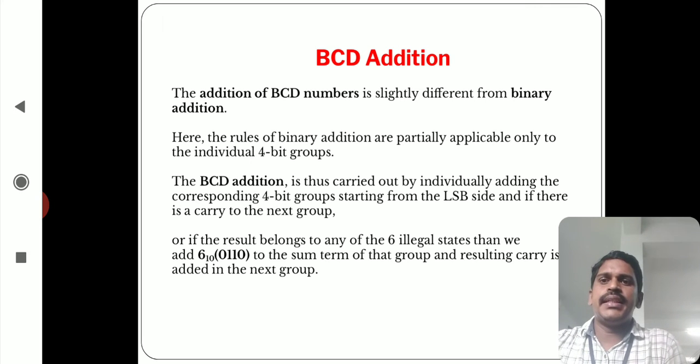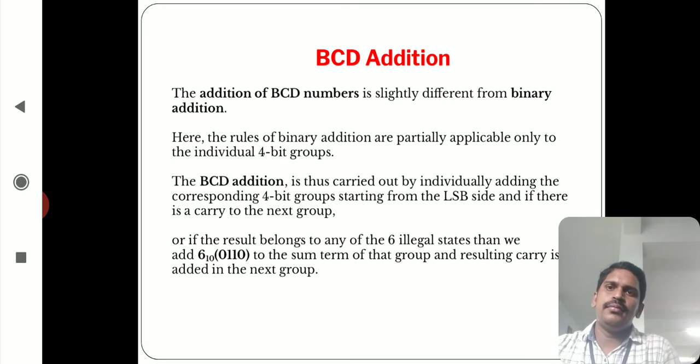BCD addition is carried out by adding the corresponding 4-bit groups starting from the LSB side, and if there is a carry, it goes to the next group. Instead of plain binary addition, we have to follow a set of rules because BCD represents a larger number of bits.